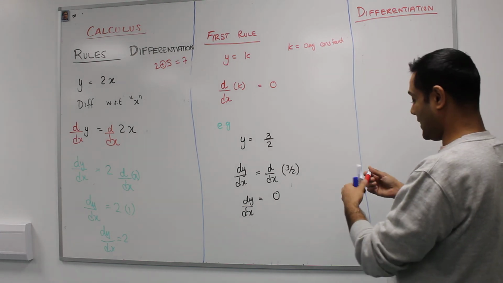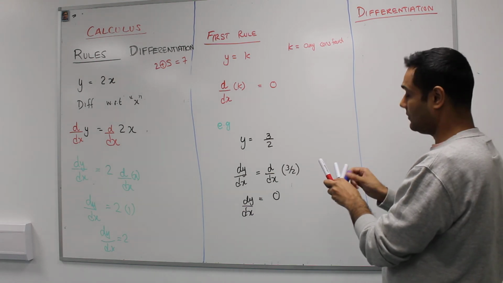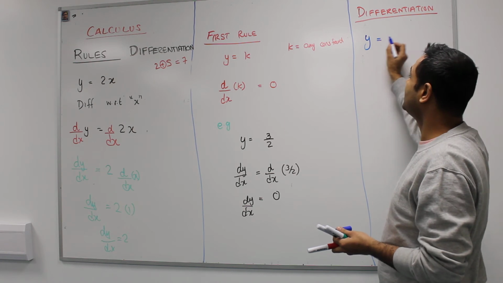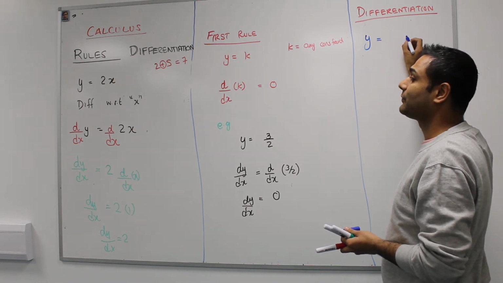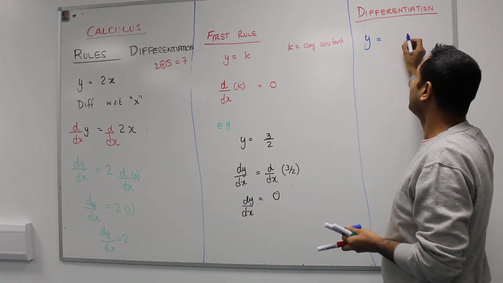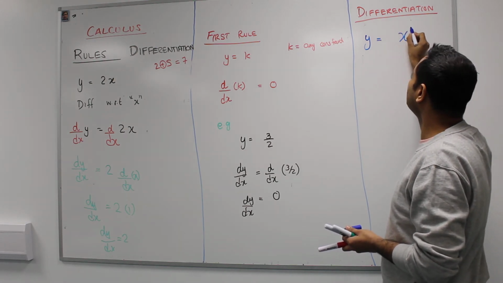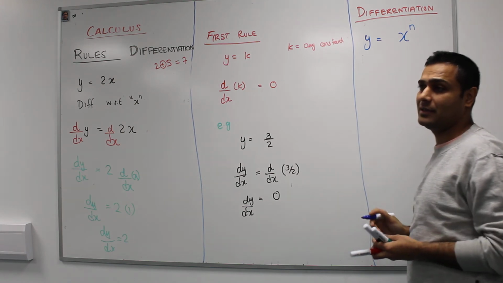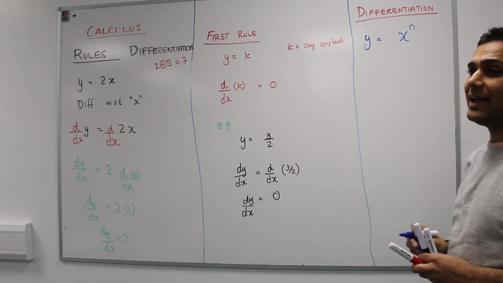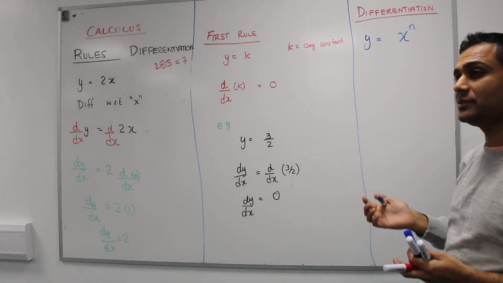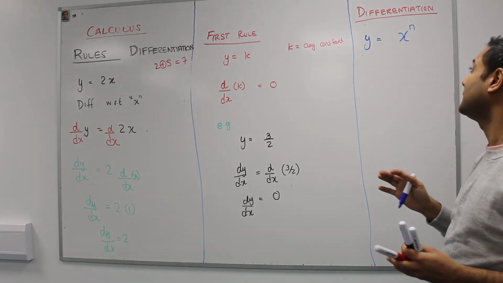The second rule is, let's say y equals x to the power n, where x is a variable and n is any real number: minus 3.5, 10, 20, whatever.